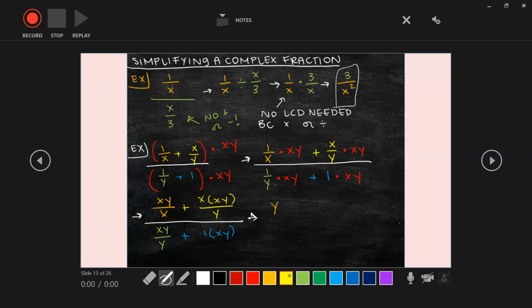So in my x times y over y, do I have anything that's the same in the numerator and the denominator? y. And so if I cancel out that y, I just have x times x, right? What is x times x? x squared. Then I have y plus x squared.